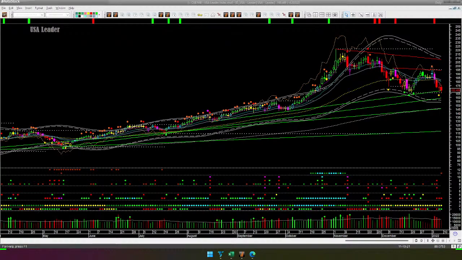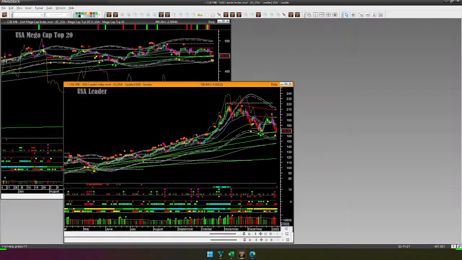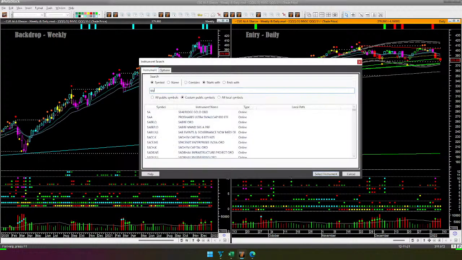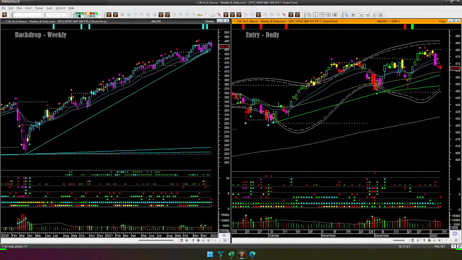So you can now see why I am not averse to buying, because several of the analyses from very different angles, from the leader index, from the mega cap index, from SPY. Let's look at SPY one more time. Well, QQQ also near trendline support. Let's look at SPY near trendline support.